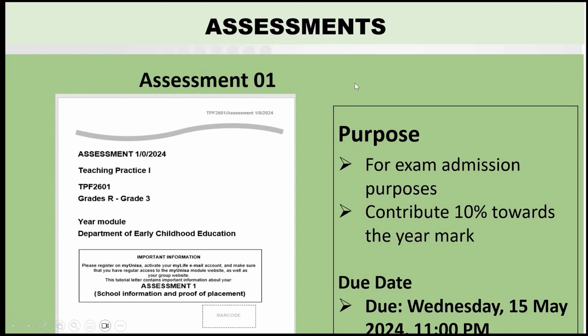Now, let's see the assessments. We have 4 assessments in this module. Assessment 1.